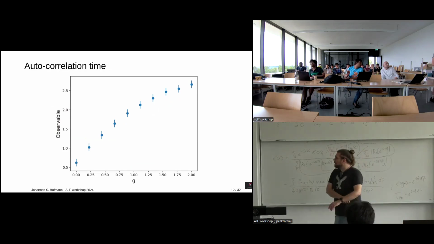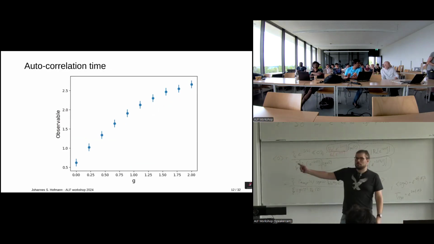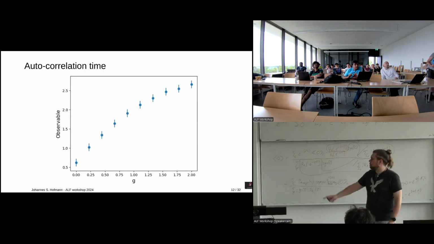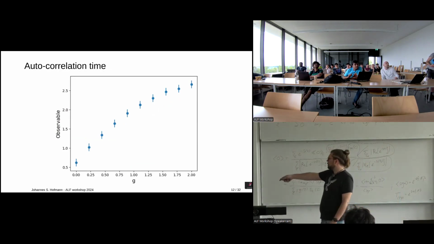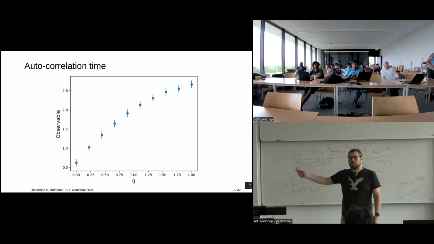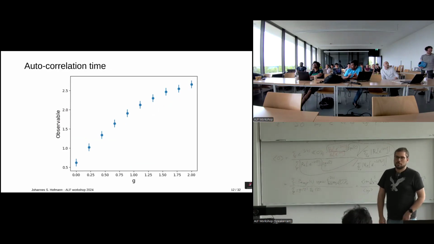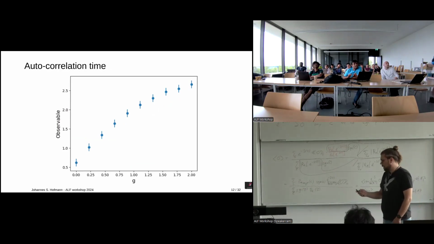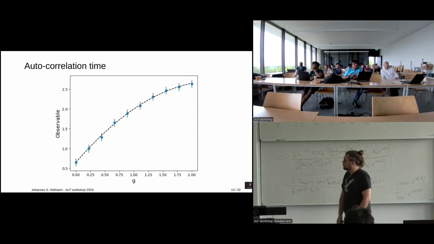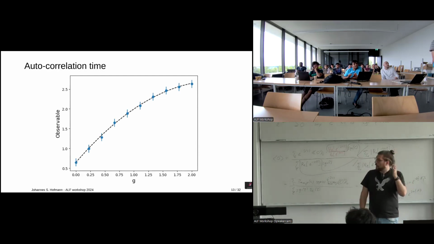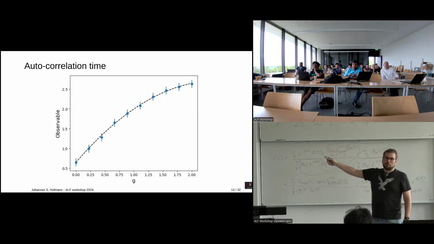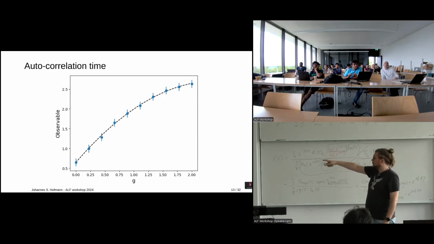So let me rather get this across. What's wrong with this plot? What's wrong with this data? If you have some coupling G and some observable that you measure and you produce something like this. Because if you have an idealized line in the background, the error is larger than what you are seeing in the best value.